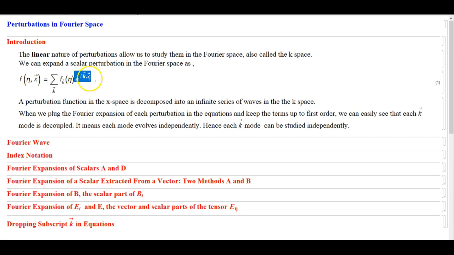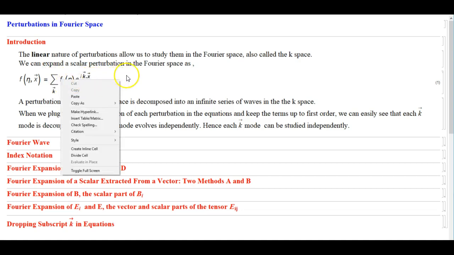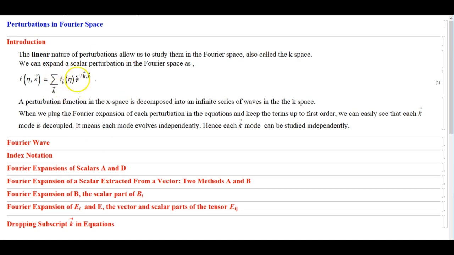That takes care of the spatial part, and this coefficient is a function of conformal time eta.